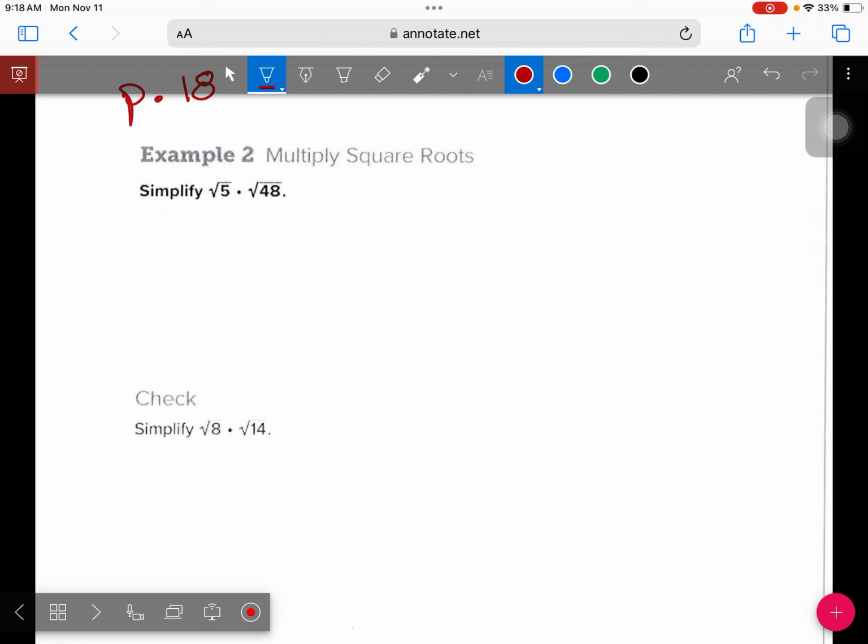We need to simplify the multiplication of the square root of 5 times the square root of 48, okay? I'm going to show you that we can actually multiply these together. Since they're both under the radical, we can multiply them under the radical sign, okay?